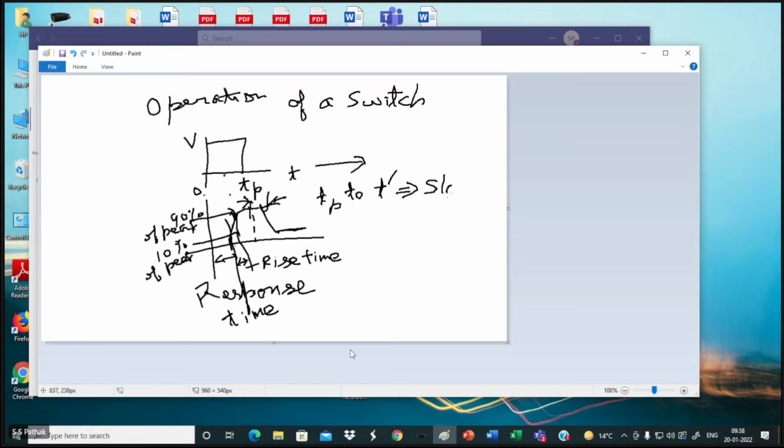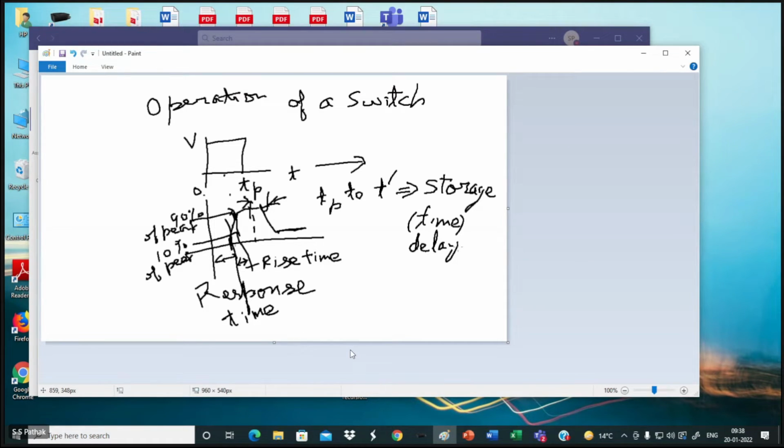So in every switch operation, there is some storage of the charge, storage time. Charge is stored, that means voltage across the capacitor is stored. So storage time, normally we call it delay. There is a response delay, there is a storage delay. So still voltage is remaining at the switch. My pulse is gone, but it is remaining at the switch.